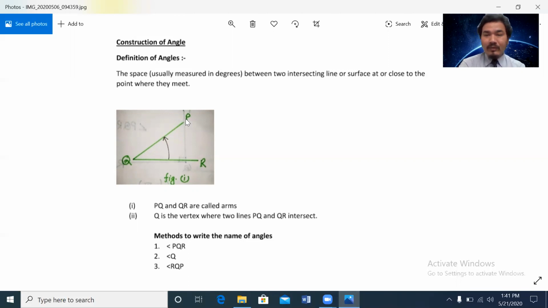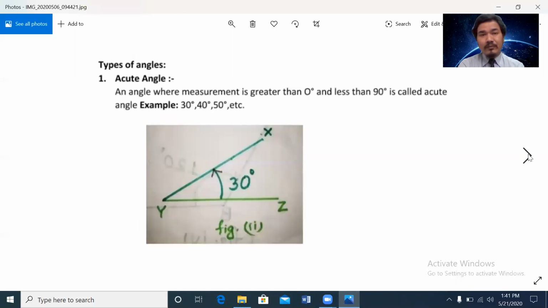Now let's move to the next point, types of angles. First of all I am going to tell you about acute angles. What is the meaning of acute angle? An angle whose measurement is greater than 0 degree and less than 90 degree is called an acute angle.